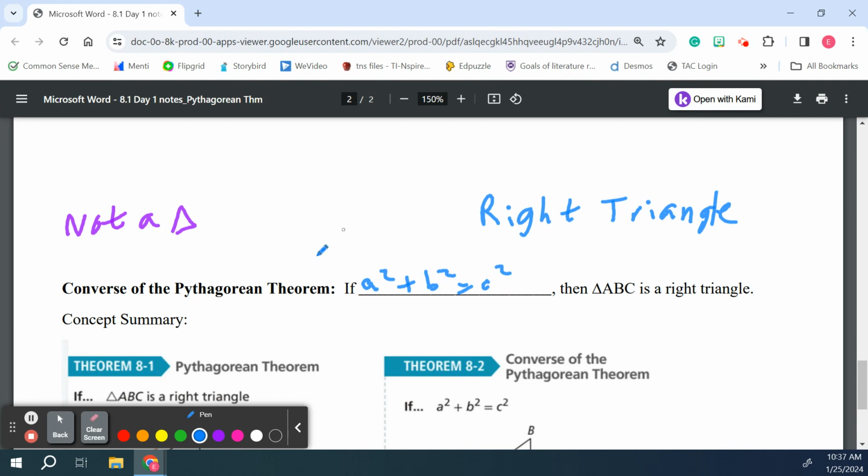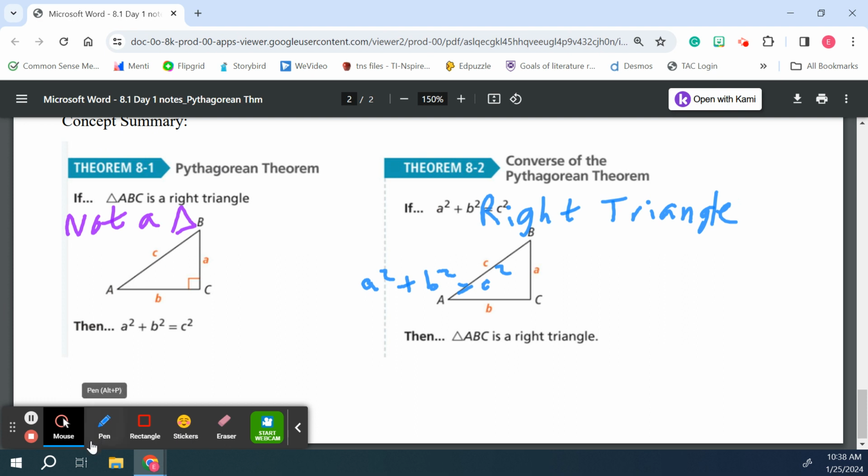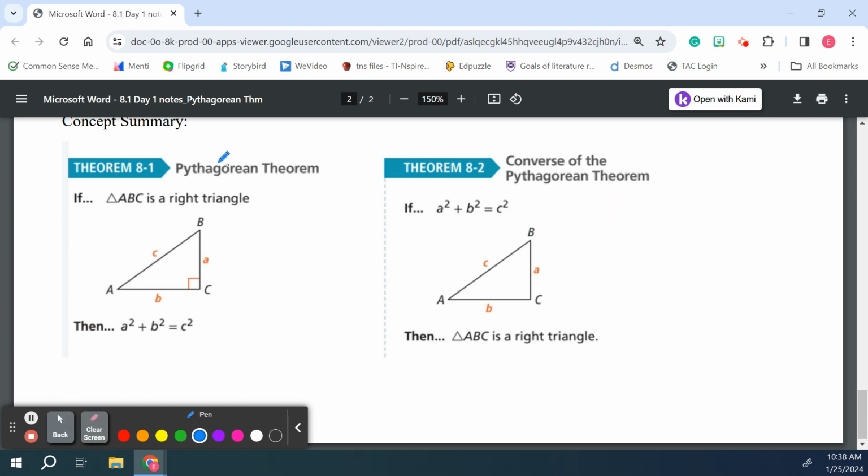Okay. So here's the Pythagorean theorem, just showing the sides and then showing that it's a right triangle. Are there any questions on this? Anything at all?